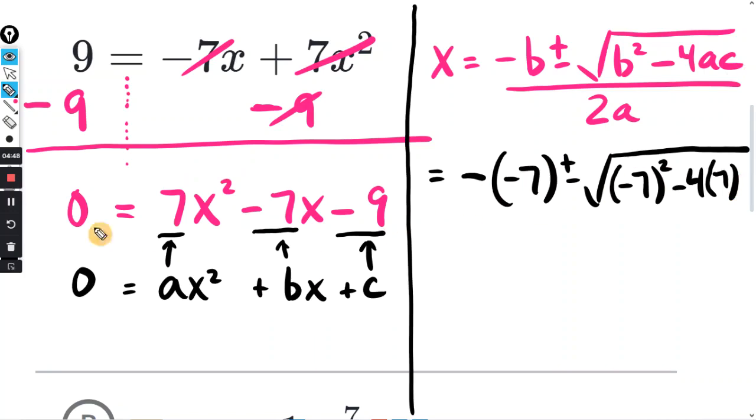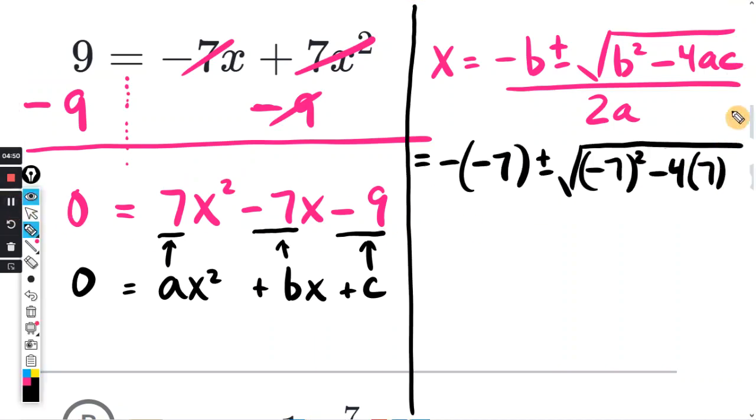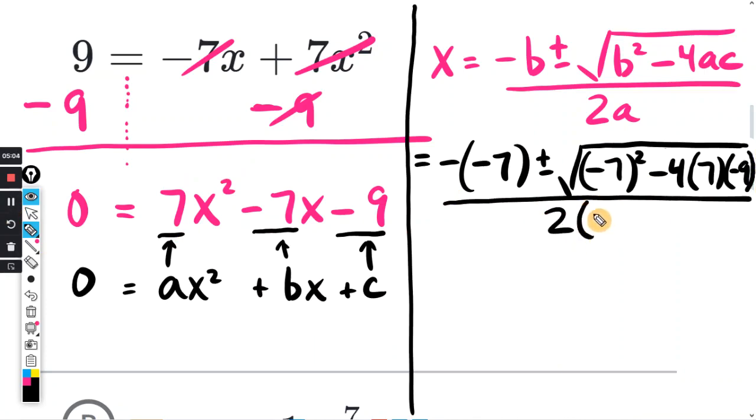Let me rewrite this. We said c was negative 9. I just barely have enough room. And that whole thing is divided by 2 times a, so that's going to be 2 times 7. Two negatives here make it positive 7. And we evaluate what's under the square root. Negative 7 squared is 49.